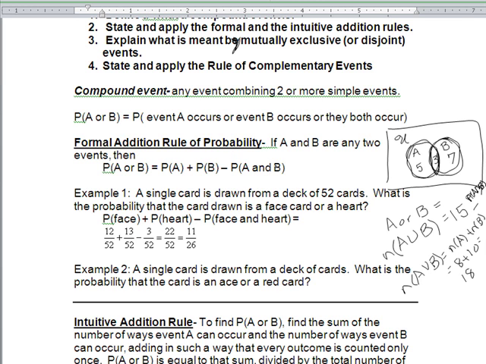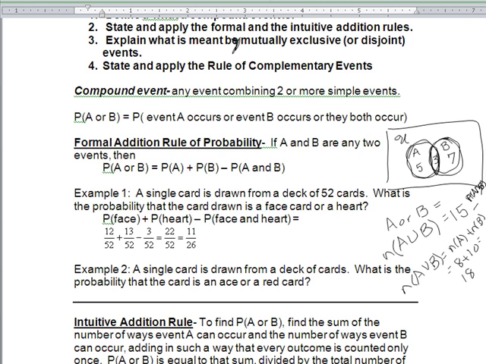So looking at an example, a single card is drawn from a deck of 52 cards. What is the probability that the card drawn is a face card or a heart? Well, a face card, there are 12 face cards, Jack, Queen, King, times 4 suits, that's 12 face cards. There are 13 hearts, so if we add 12 over 52 plus 13 over 52, we're going to get 25 over 52.